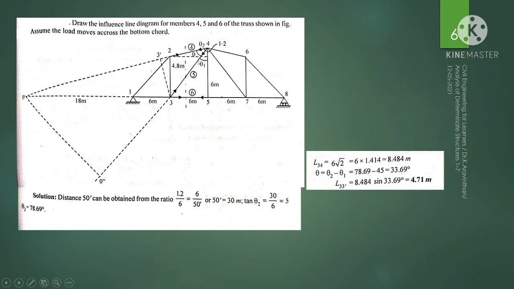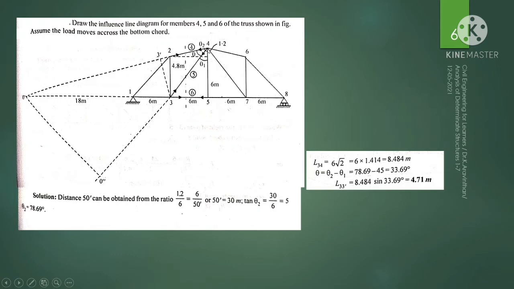Okay, so when you extend the member 5, it is going to extend up to a certain position, and if you draw a perpendicular line here, and the perpendicular line meets at a certain point, this point is taken as O double dash. We are not aware of the distance here. So we have just extended these lines, and the extended lines are indicated here and each joint is numbered here. Okay, let us find the solution.